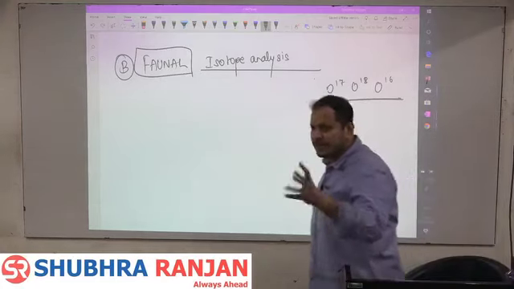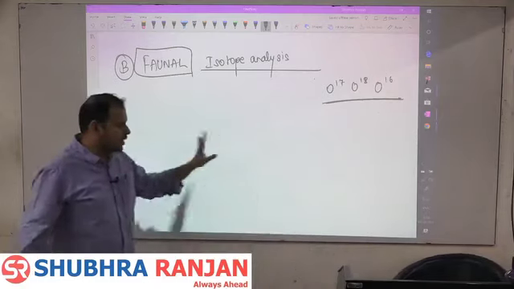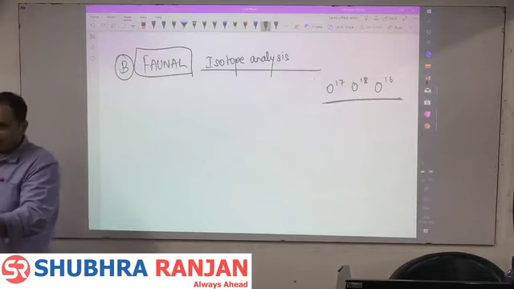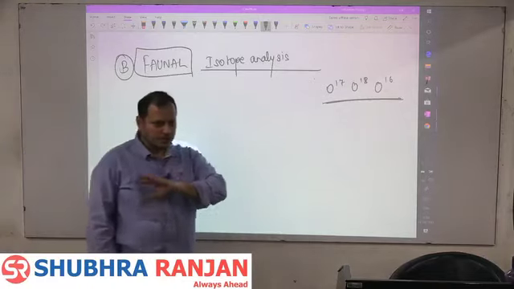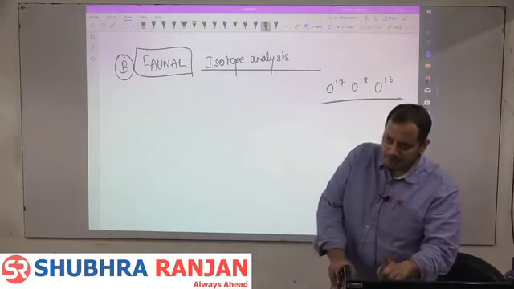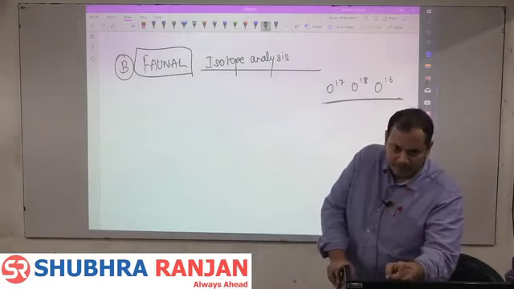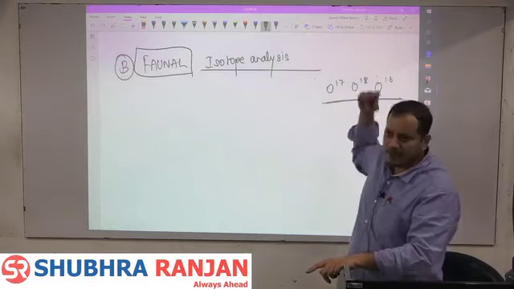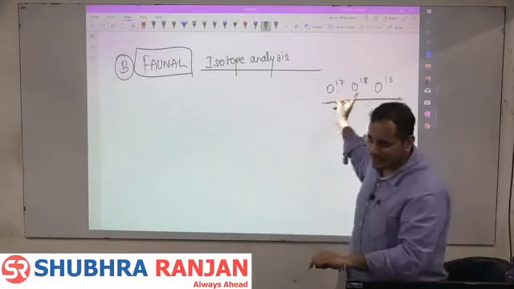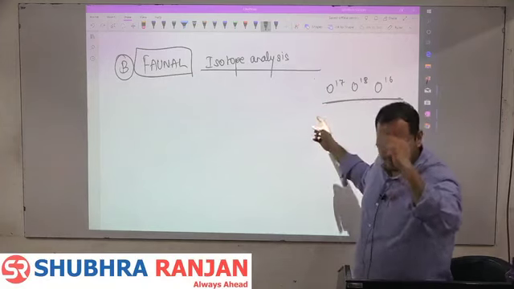What do you mean by isotope analysis? No need to write, just try to understand. There are 3 isotopes of oxygen in our body: O17, O18, O16. When we die, these oxygen isotopes will be released by our body. But depending upon hot climatic conditions, O18 will come out first. Cold climatic conditions, O16 will come out first.